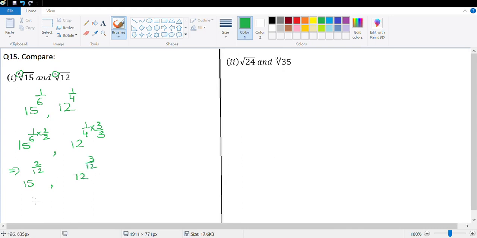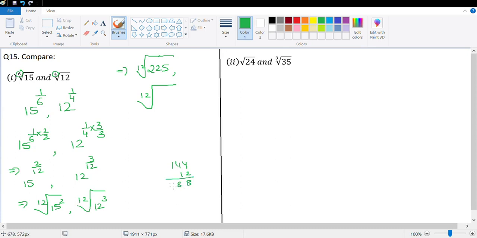This can be written as 12th root of 15 square, and this can be written as 12th root of 12 cube. 15 square is 225, so this is 12th root of 225, and the second term is 12th root of 12 cube. 12 cube, that's 144 multiplied with 12, that's 1728.